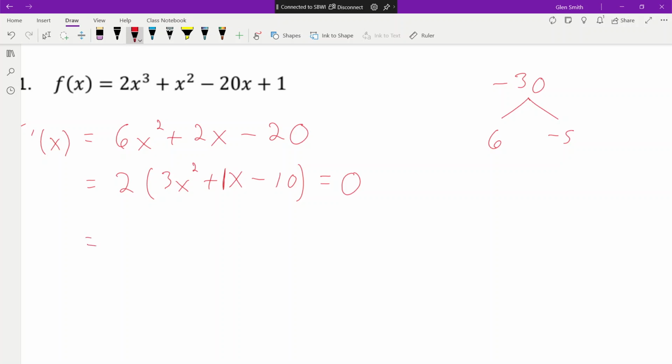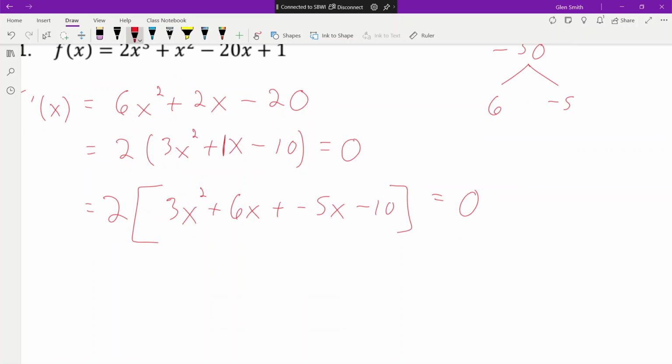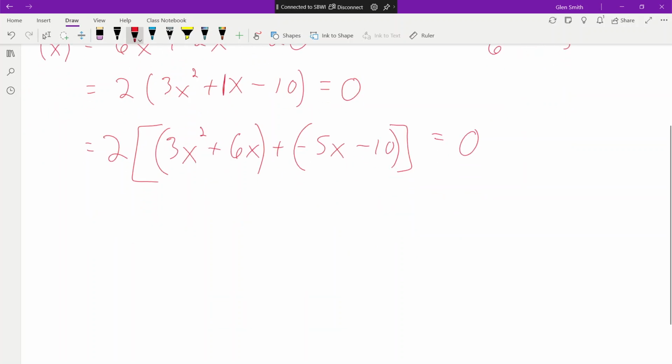So that means this is 2, and we split this up into plus 6x plus negative 5x. We group these two together, and these two together, and then factor out what we can.